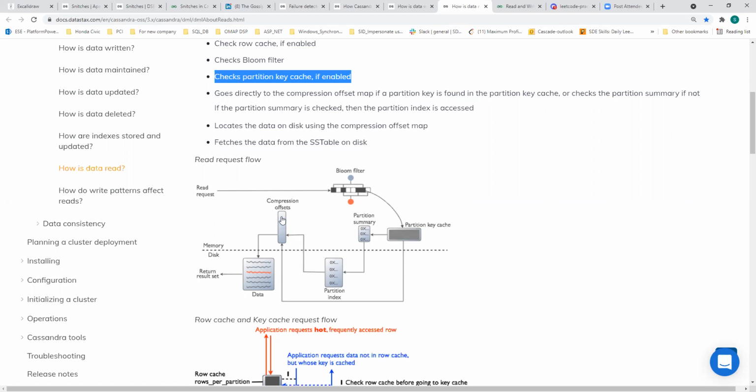So that offset will be respective to a particular SS table. That is the way it will be built, so that whole flow will be handled by the compression offsets. That is what I think. Maybe I'm wrong, but Nick, or anyone who has the information, please give your thoughts on this.